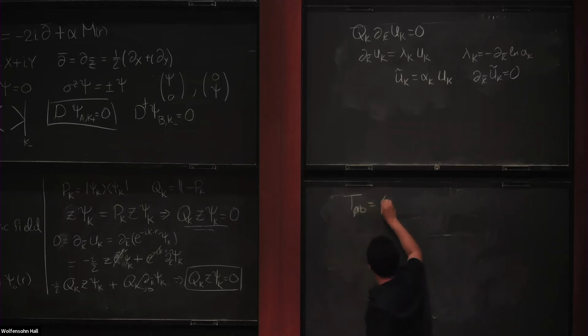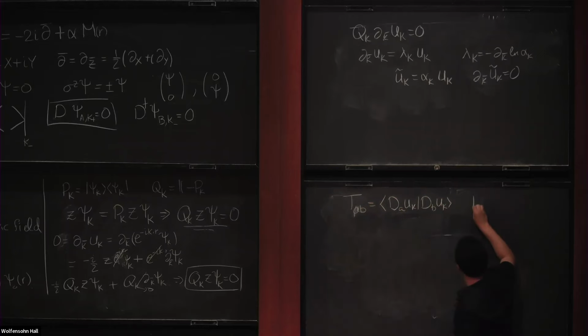It's defined as follows, where this D is a covariant derivative. So it's D_k minus iA, where A is a Berry curvature.